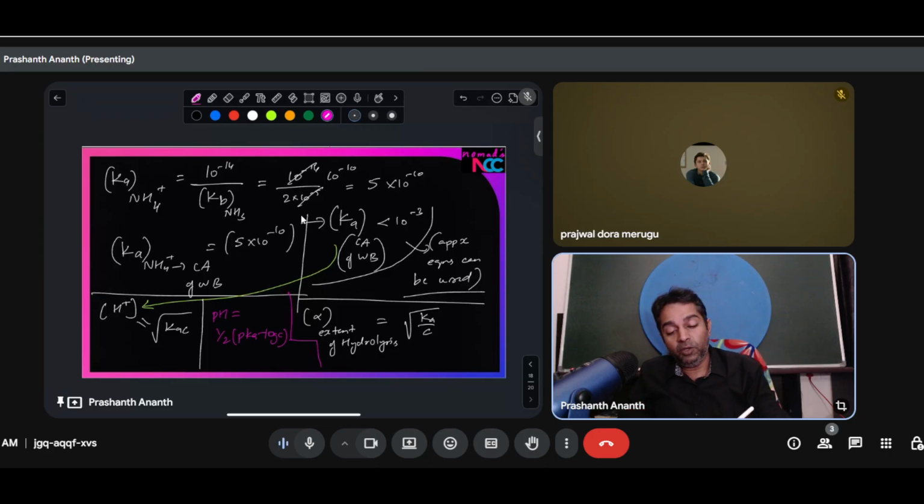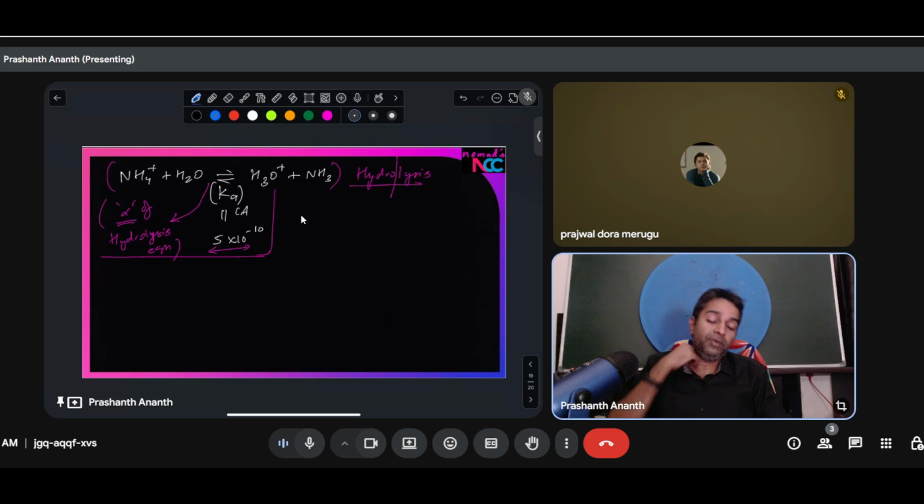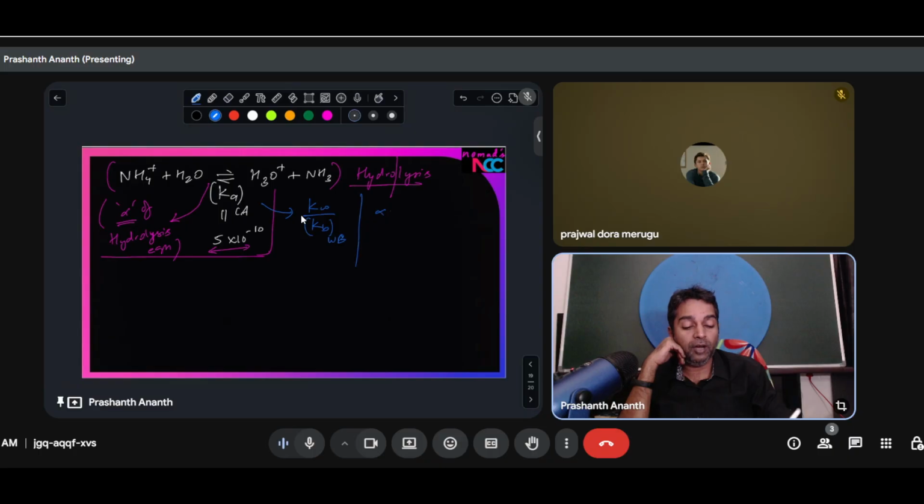Let's now directly look into how these equations work out. For this Ka of conjugate acid, the expression we got was Kw by Kb of weak base. So when writing it out, we have alpha equal to square root of Ka by C, and H plus concentration equal to square root of Ka into C. That Ka is nothing but Kw by Kb.